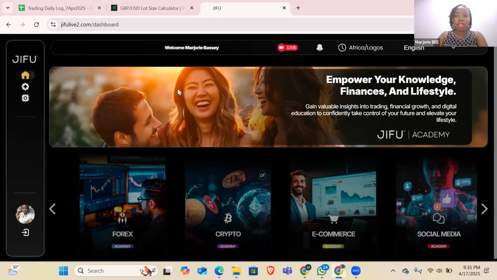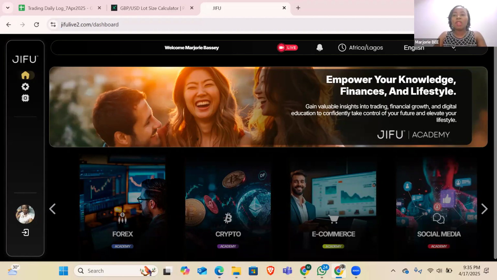So this is the JIFU dashboard area, and you can see your name there. All these buttons lead you somewhere. Your location will be shown at the top right-hand corner. I'm currently in Nigeria, so of course it will show Africa, Lagos.